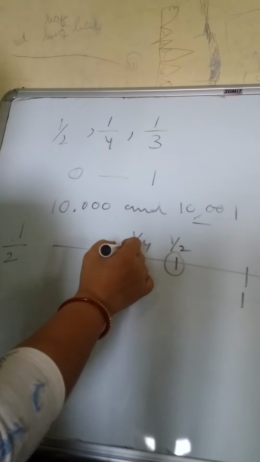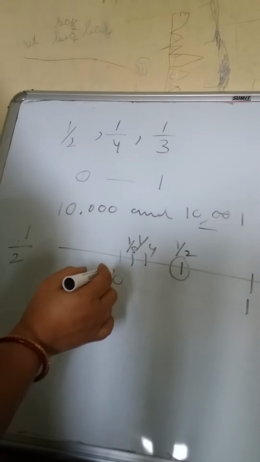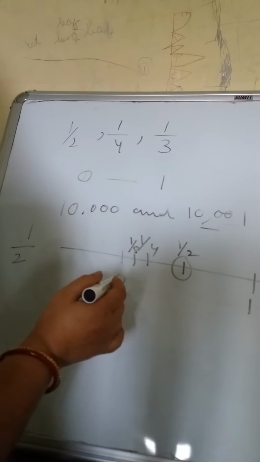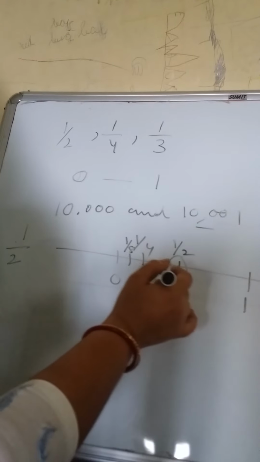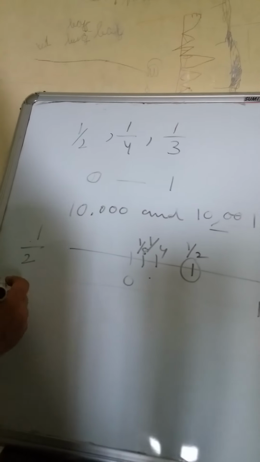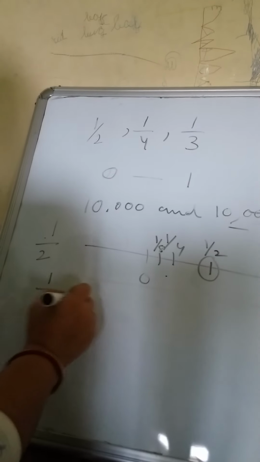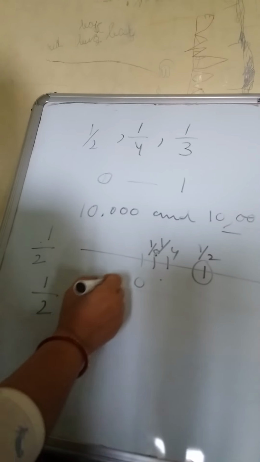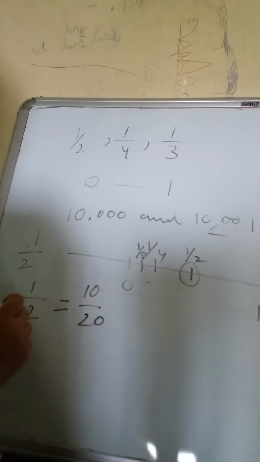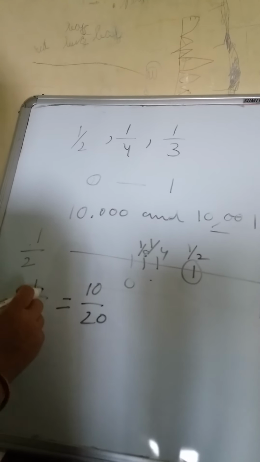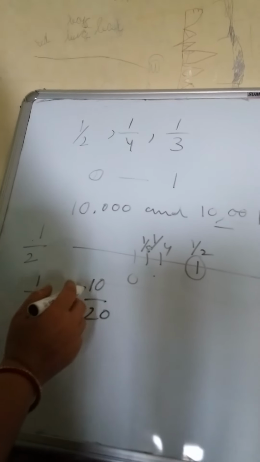If I make it again half, I'll get 1 by 8. What do you think? Are these the only rational numbers in between 0 and 1? Let's see. We can well write 1 by 2 as 10 by 20. Both numerator and denominator are multiplied by 10. So we can well write this 1 by 2 as 10 by 20.